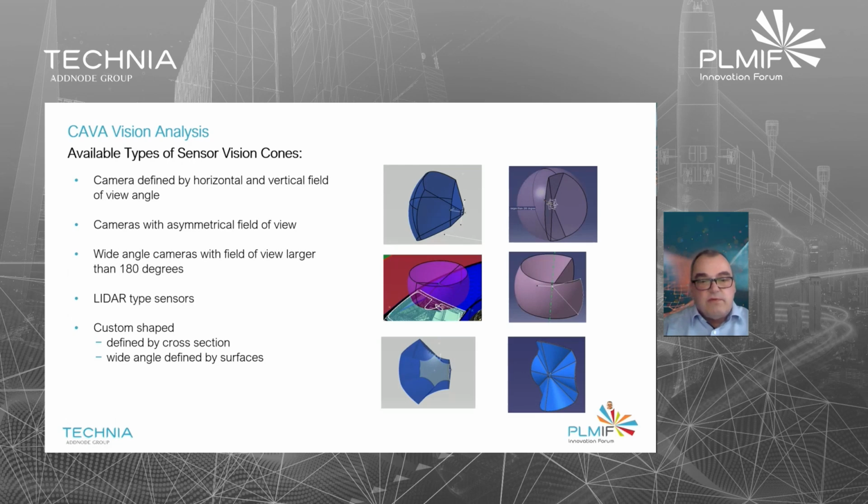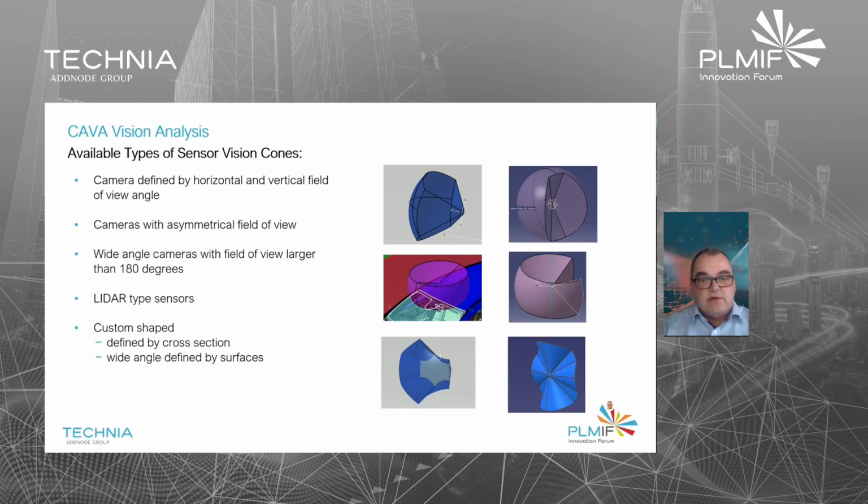So it's possible, if you have detailed specifications from your camera or sensor manufacturer about its cone of detection, we can do that either by a cross-section definition or also by using the defined cross-section surfaces that you can typically get from a sensor manufacturer.